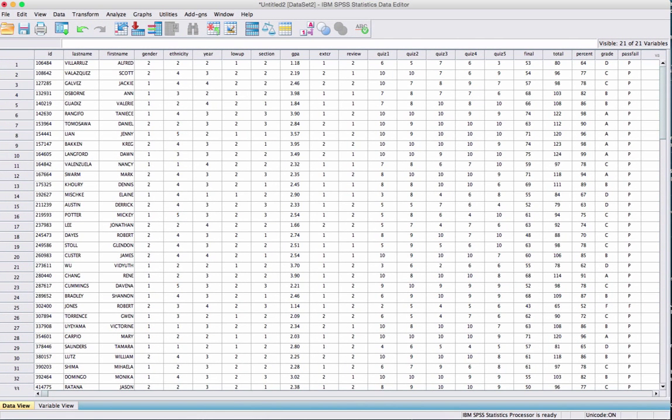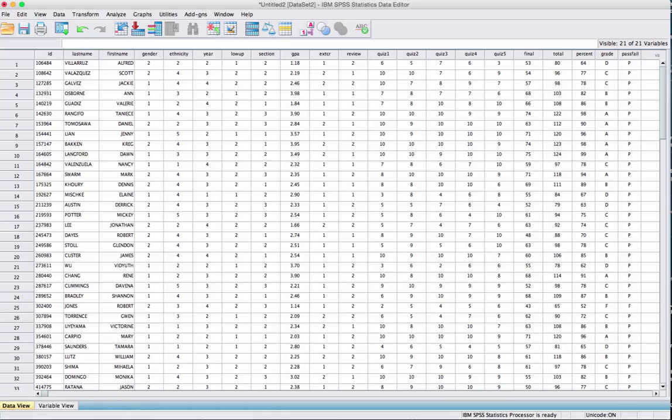So now, the first part of this assignment that we want to do is check the assumptions for the t-test. And the assumptions for any of our parametric tests, including the t-test, are that the variables are normally distributed, so that the GPA for males and females is normally distributed, and that the variances for males and females on the GPA variable are similar.